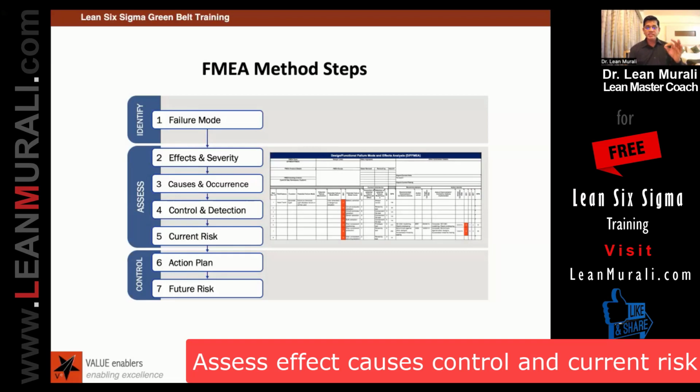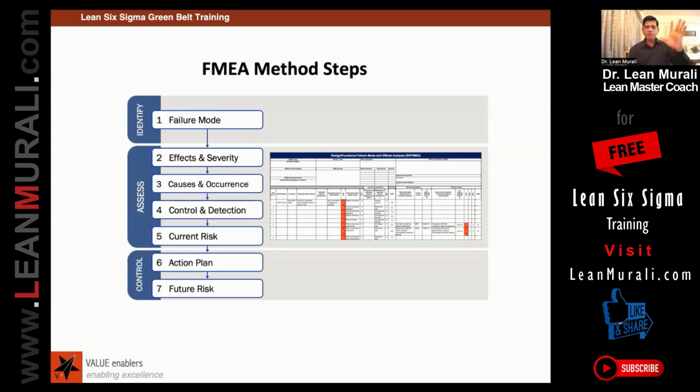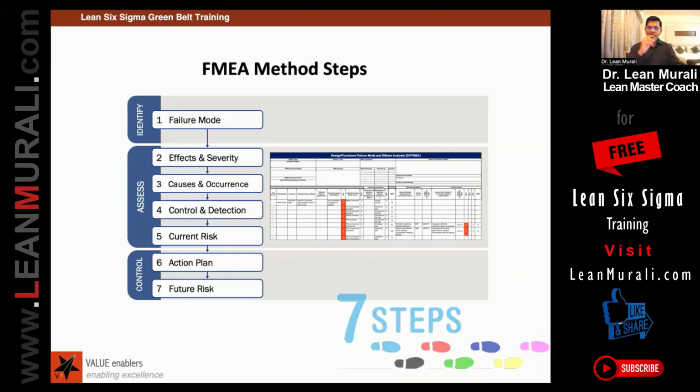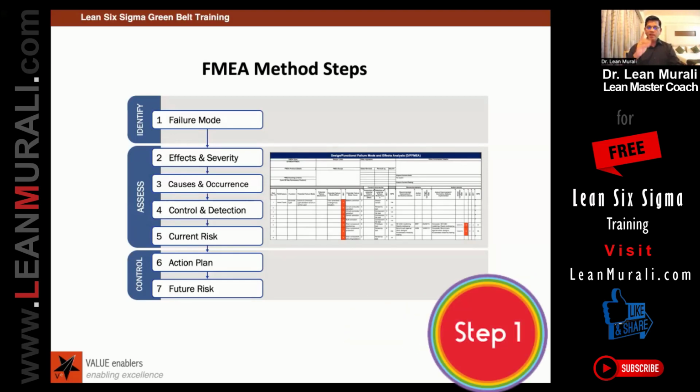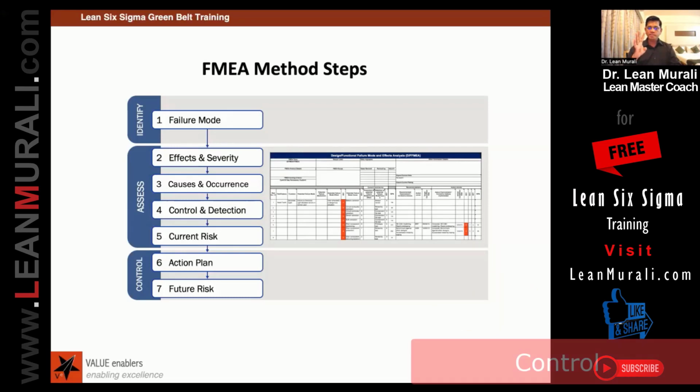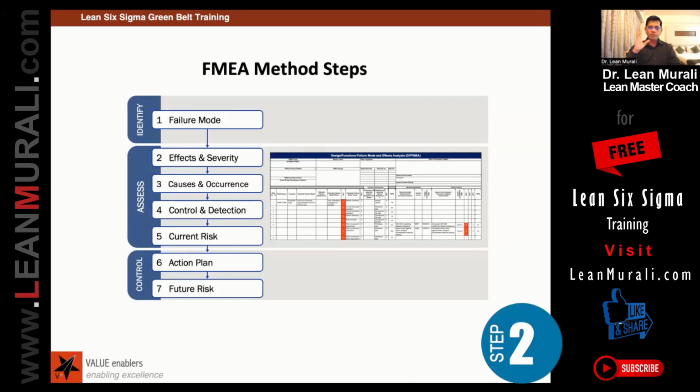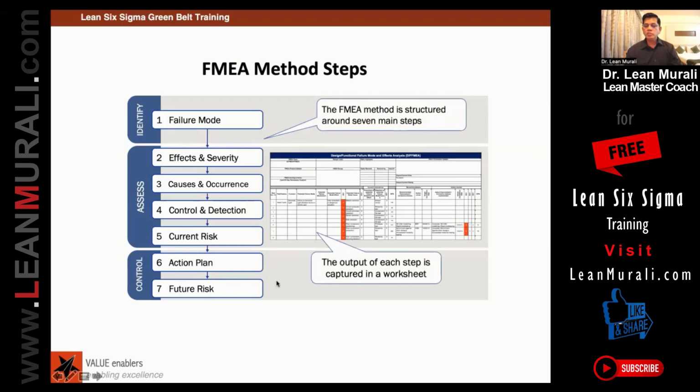And assess effect, causes, control, and current risk. In control, action plans and future risk. Just to remember, out of the 7 steps, identify 1 step, assess 4 steps, and control 2 steps. So the output of each step is captured in the worksheet.